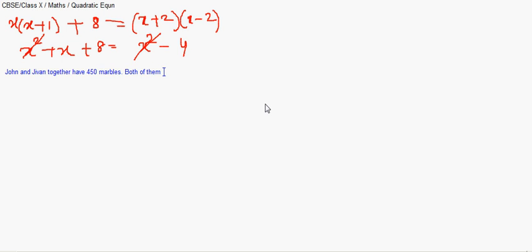Both of them lost 50 marbles each, and the product of the number of marbles they now have is 1240.